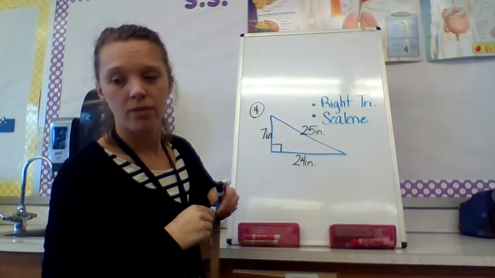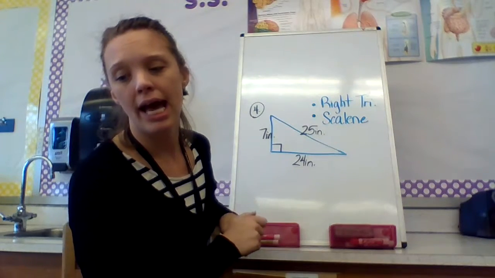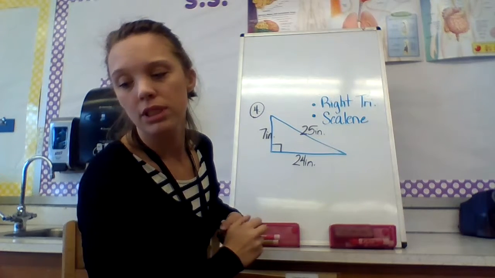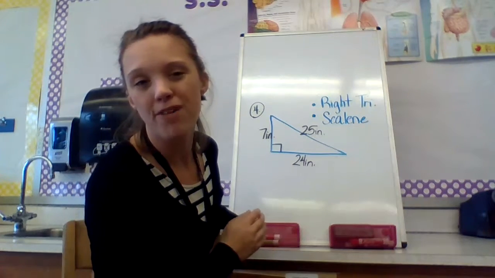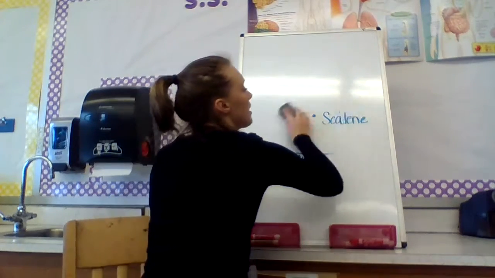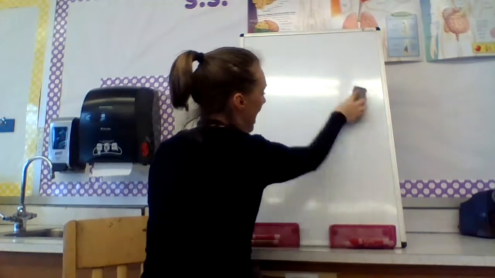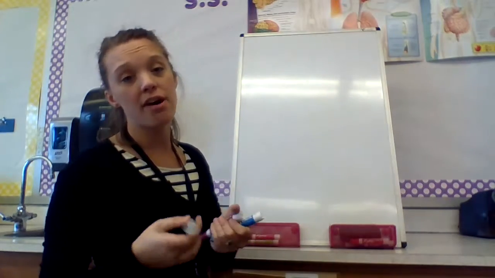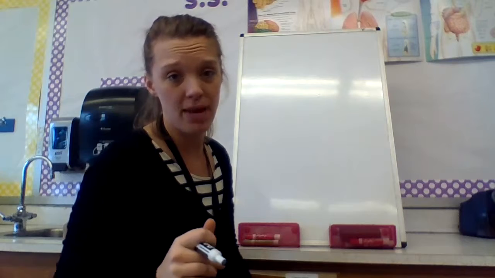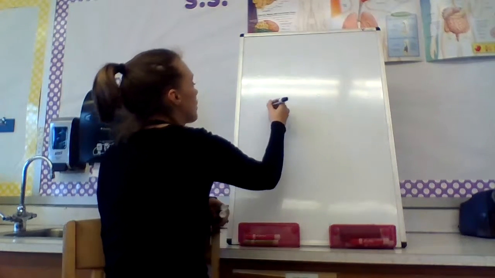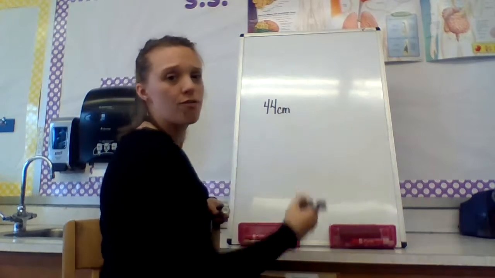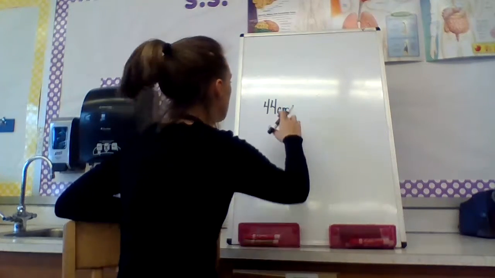Okay? Let's look at number 5. This time, they told us the measurements of the angles and the lengths of the sides. They did not give us a picture. So the first thing I noticed is the sides. The first side is 44 millimeters, I'm sorry.